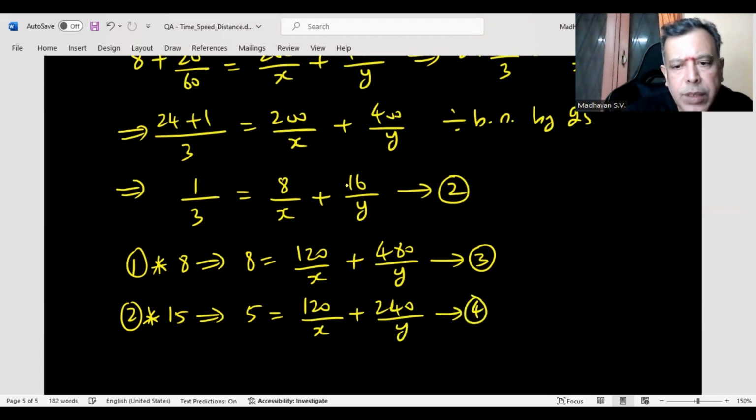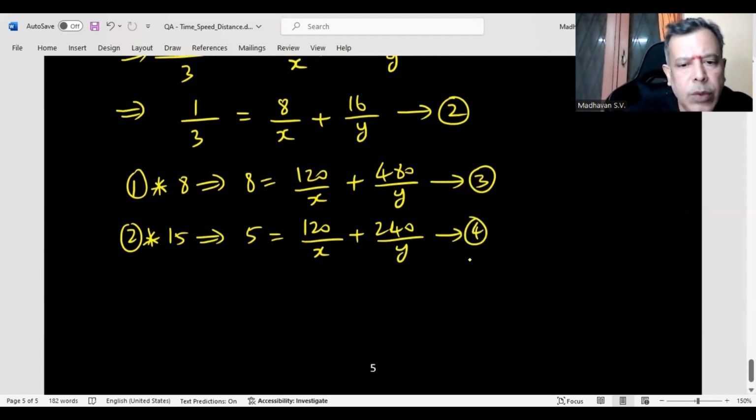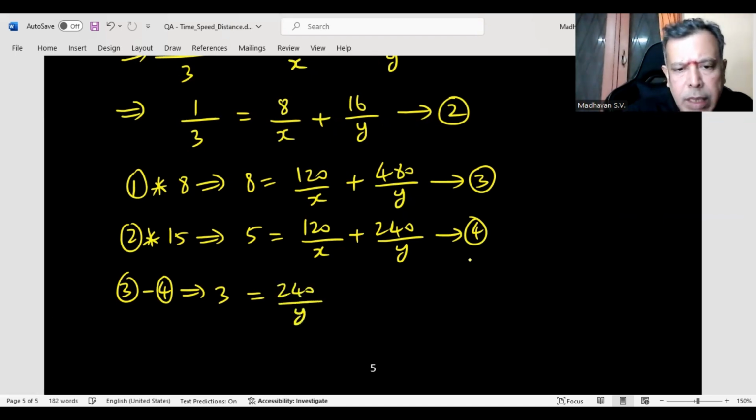Call this equation 4. Now we can subtract third minus fourth equation. Here you get 3. 120 by x and 120 by x get cancelled. 480 minus 240 is 240 by y, which means our y is 240 by 3, so it is 80.